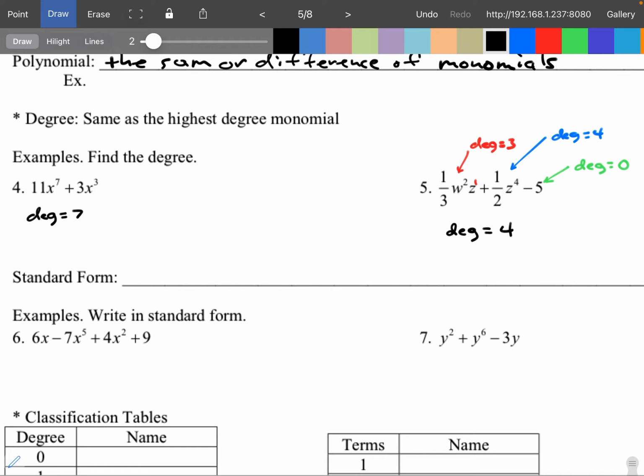So standard form, that's our next definition. Standard form is you write the polynomial so that the terms, or the monomials, are in order from highest degree to lowest degree.